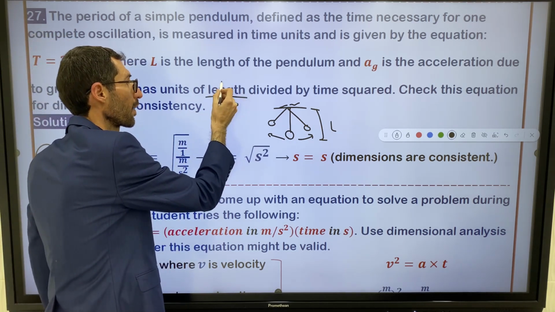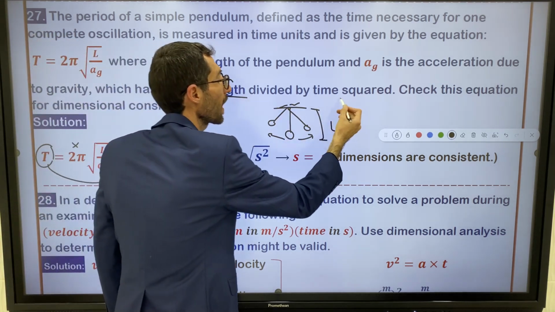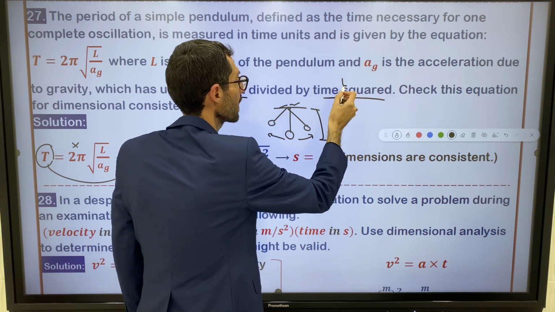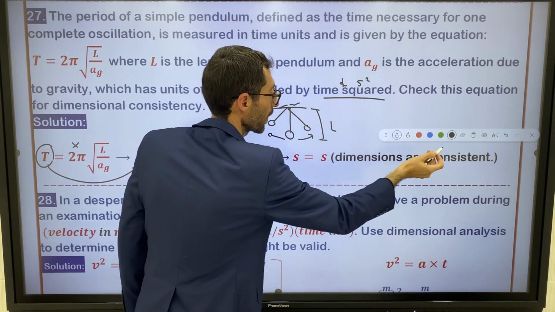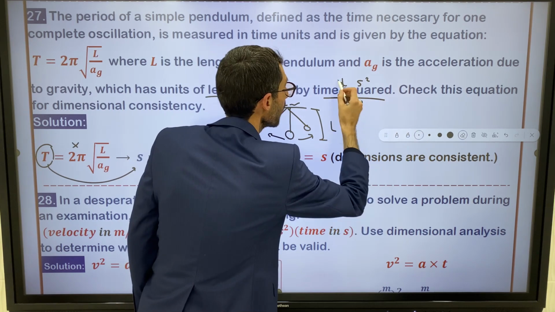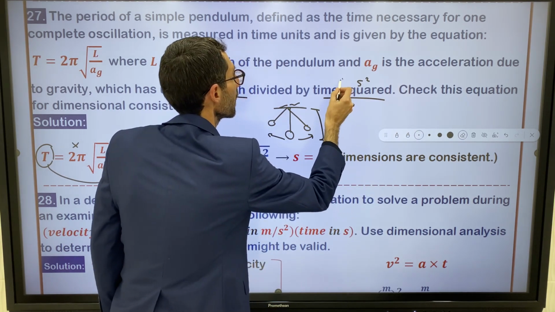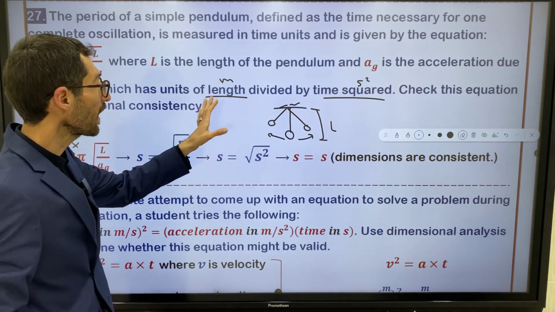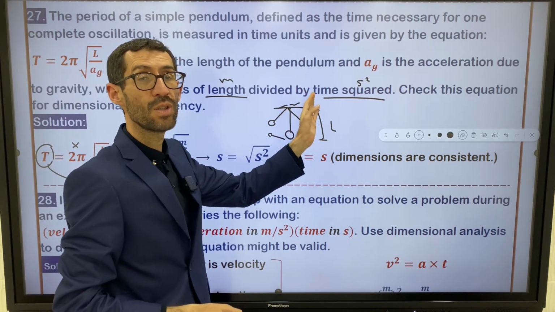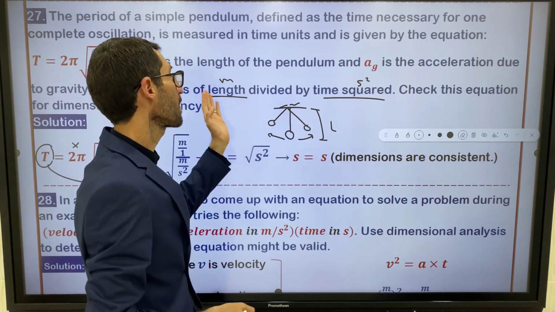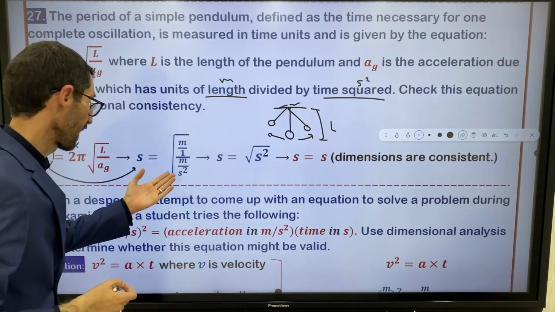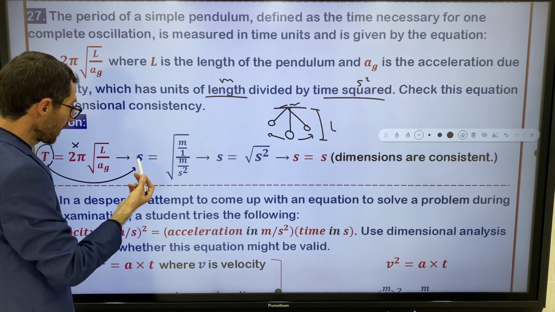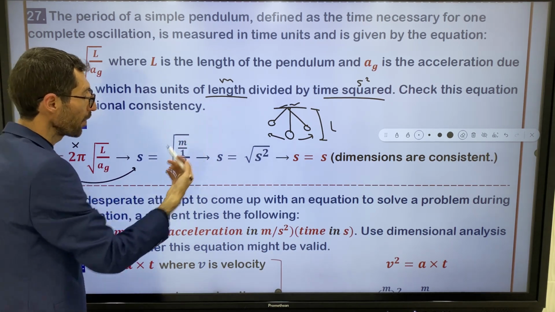What's the unit of length? Meter. Divided by time squared, meaning seconds squared. It says the unit of acceleration is the unit of length divided by the unit of time squared. What does it mean? Meter per second squared. So right now, the left part becomes s. Let's move on to the right part.